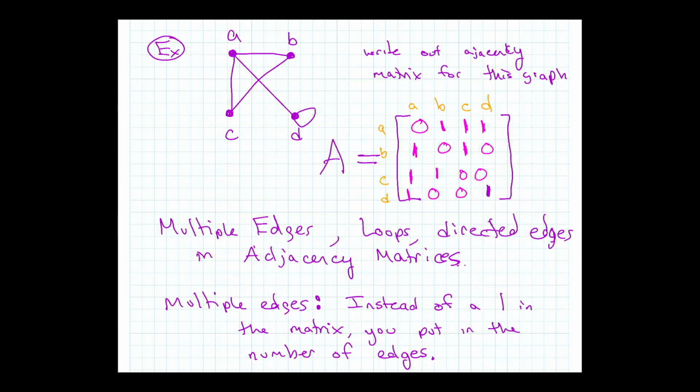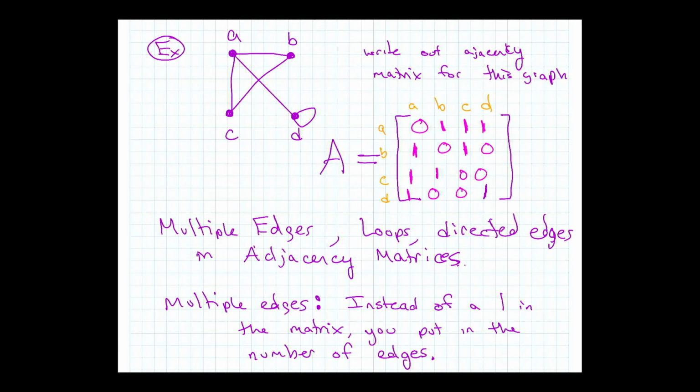If you put in a 1 because there's one loop there, one edge from D to D, then if you add up this row here, you get 2.